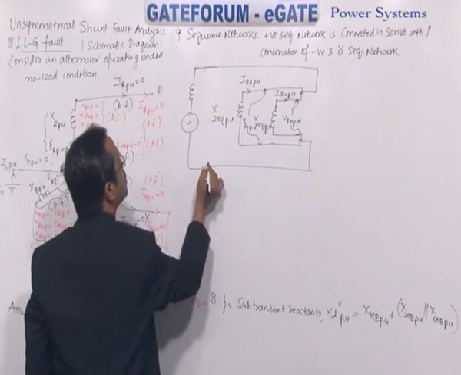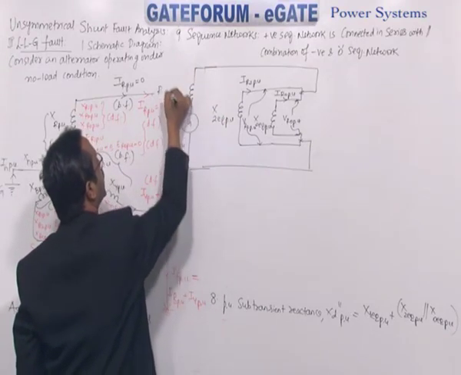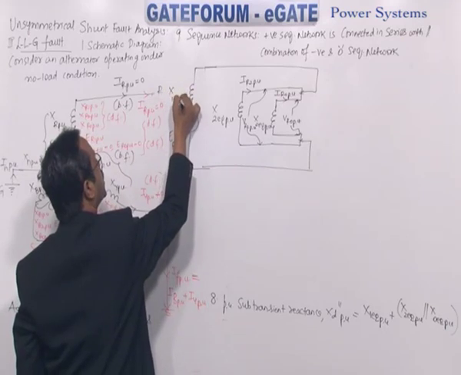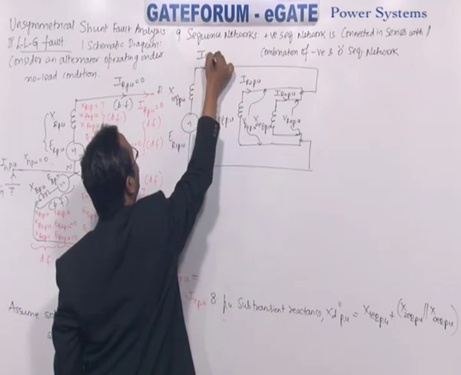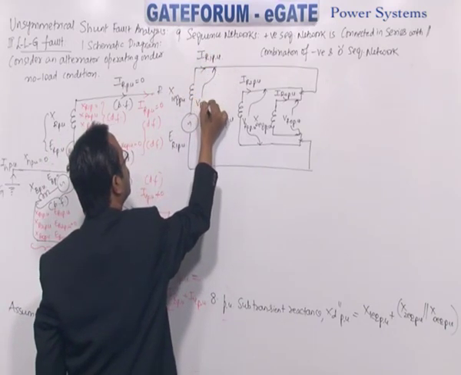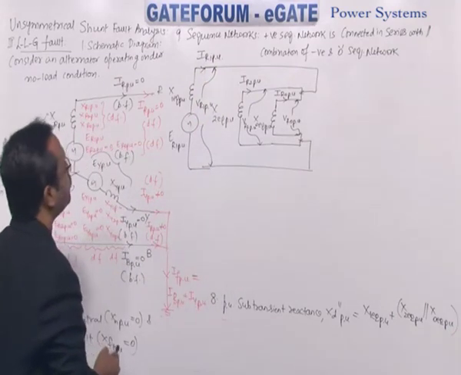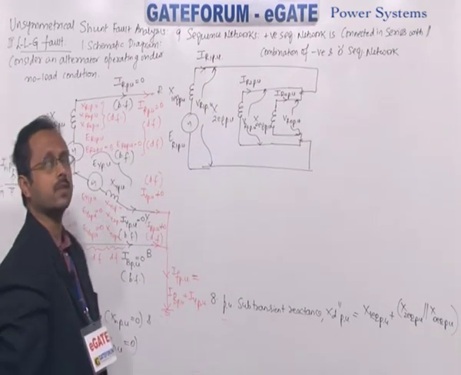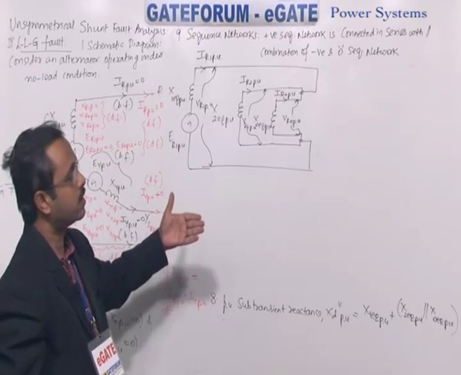Represent the positive sequence network now. What about the source? ER1 per unit, here X1 equivalent per unit. The current is IR1 per unit and the voltage is VR1 per unit. So this is how you draw the sequence networks.